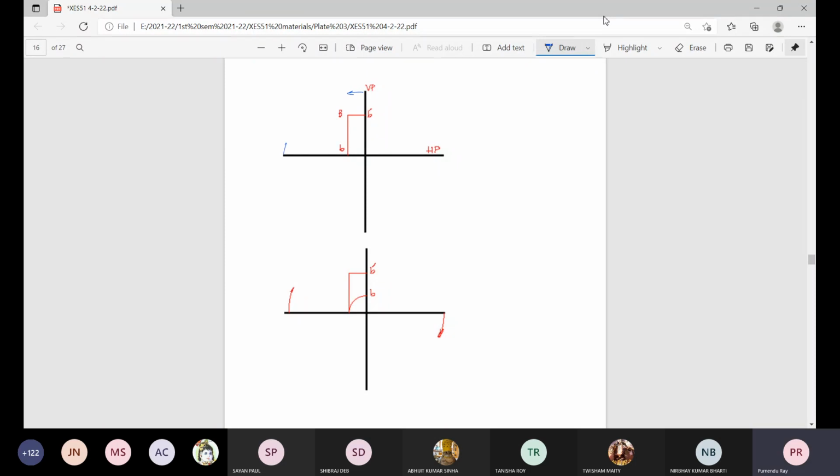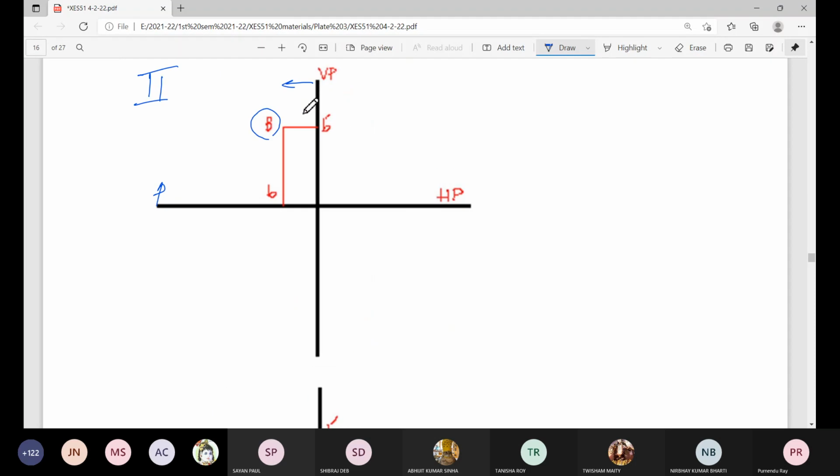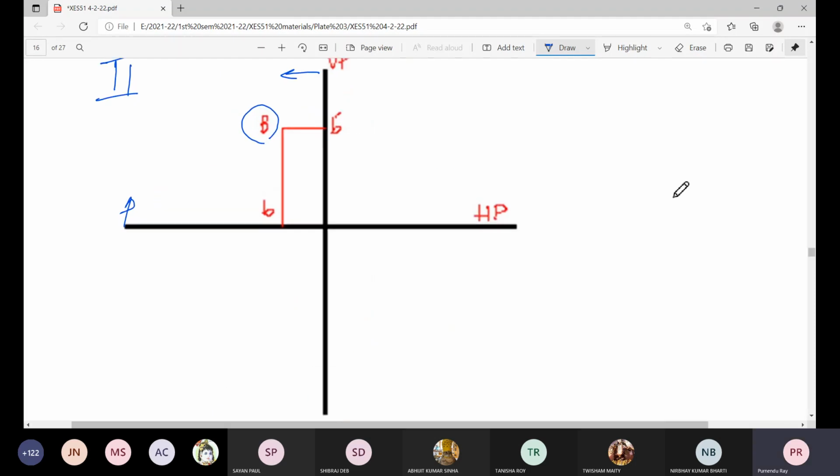And above HP. That is, it is second quadrant. Now, B is the location given. You drop a perpendicular on vertical plane. You get this point.